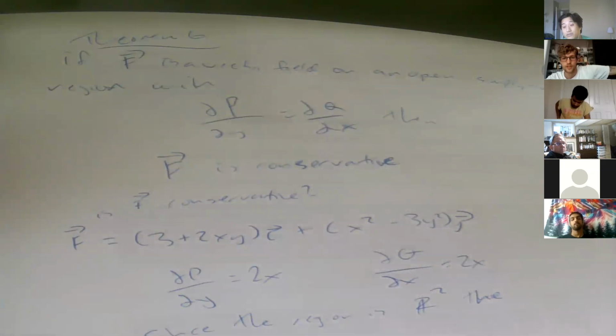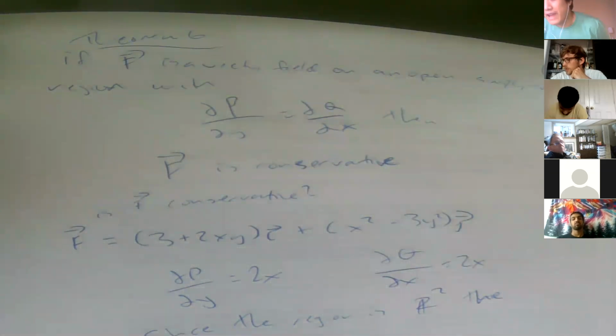That's a nice region. And in many cases, that's what's going to happen. There's only a couple things that we can do to actually make the function not continuous, right? We need to divide by 0 or have some natural log stuff going on or something like that, right? As long as we avoid those things, our domain should be simply connected because it's going to be the real numbers.